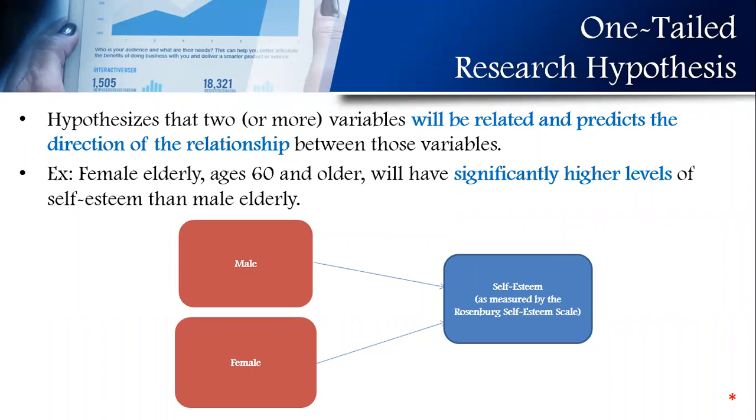A one-tailed hypothesis suggests that two or more variables will be related, and it also predicts the direction of the relationship between those variables. For example, a one-tailed hypothesis might be that female elderly ages 60 and older will have significantly higher levels of self-esteem than male elderly.